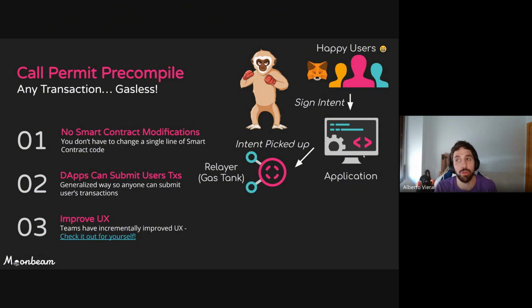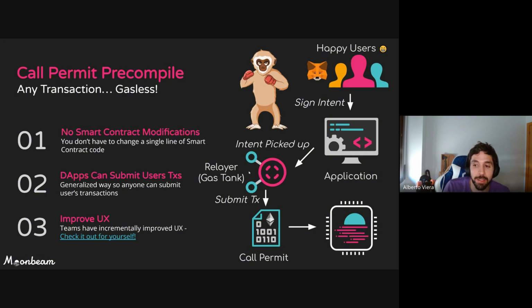So instead of having to distribute Glimmer to 2,000, 3,000, 5,000, 10,000 of these accounts that they custody on behalf of their users, they just refill one single address, a relayer, a gas tank, and then the relayer can submit the transaction to the network via the call permit precompile.